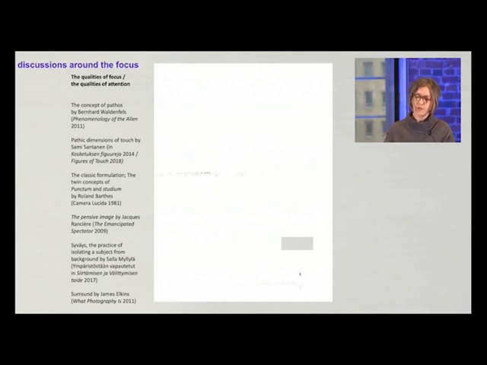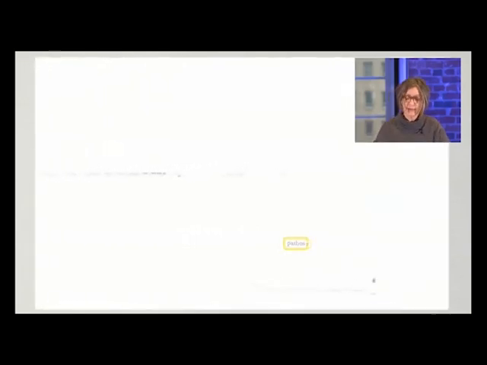So I sought here the quote in English from the book of Elkins. I read it directly. Photography gives us all kinds of things that we don't want it to give us.